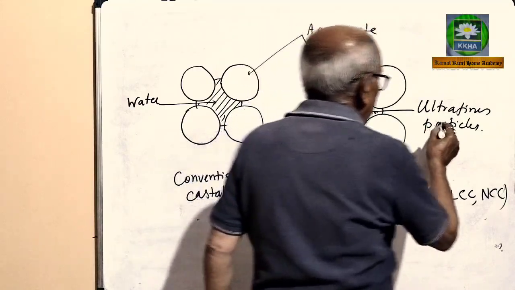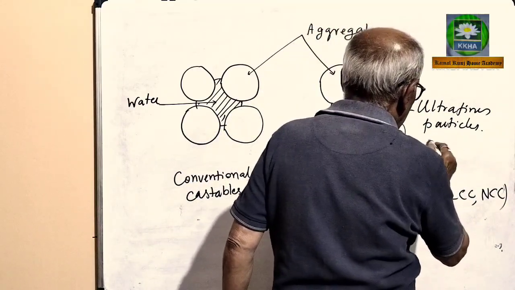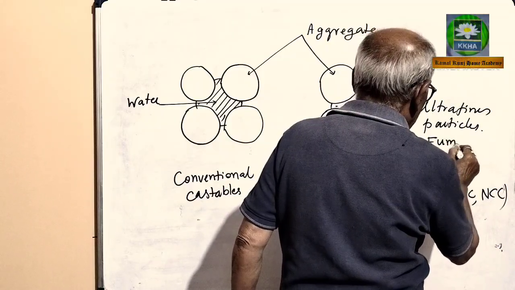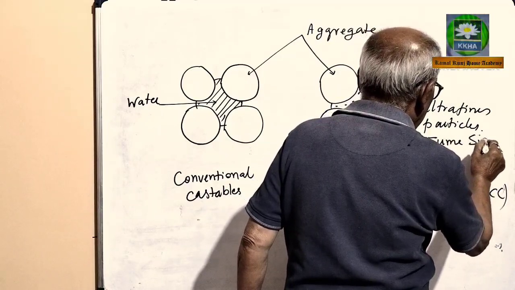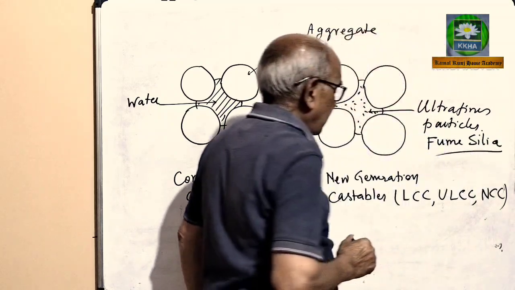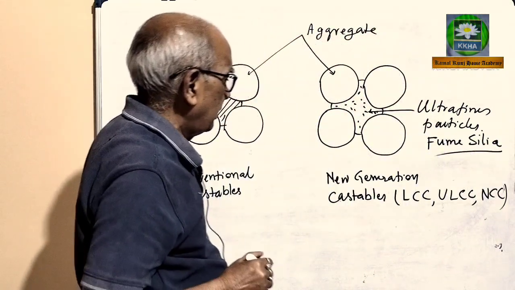For ultrafine particles, generally fume silica is used. Fume silica is a form of amorphous silica.